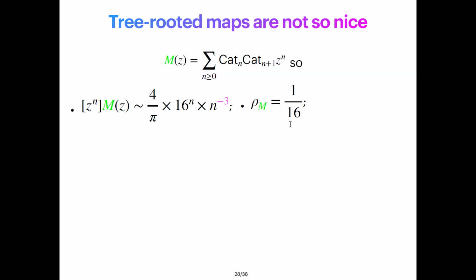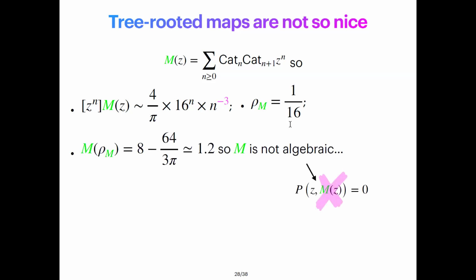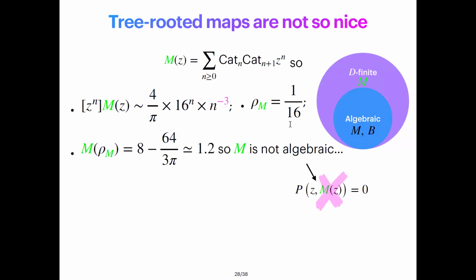This gives also the radius of convergence of the map. And when evaluating this series at its radius of convergence, we find a transcendental number, which shows that M is not an algebraic series. There is no polynomial relating M of z and z, which was the case before for our M and B in the non-tree-rooted case.